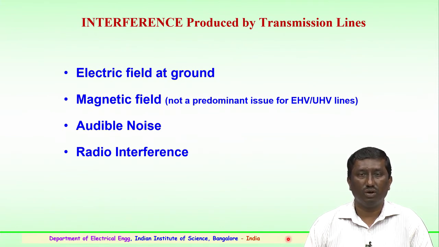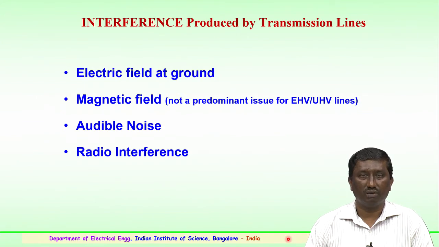The third is the audible noise, the noise generated by the conductor at the particular voltage being used, which should not exceed a certain specified value where it could cause inconvenience to humans, animals or interference with neighboring communication circuits.